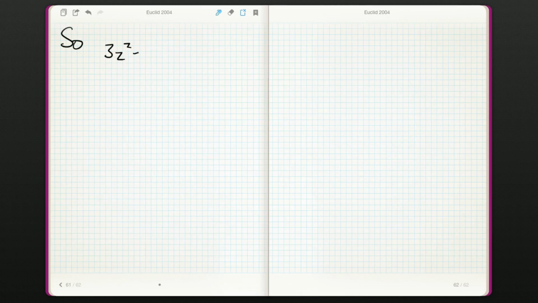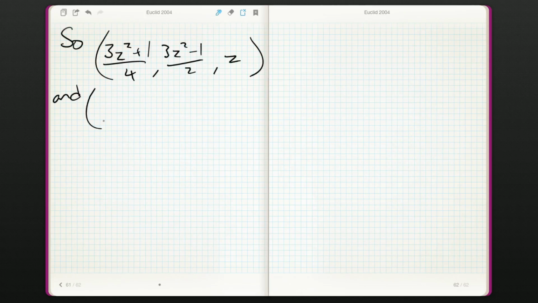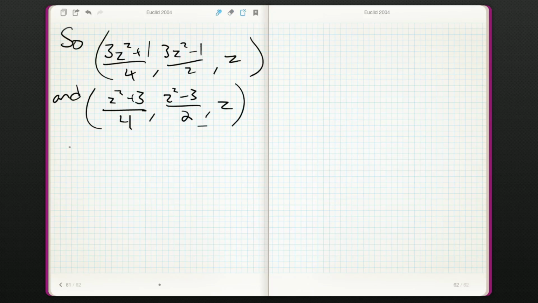So 3z squared plus 1 over 4, 3z squared minus 1 over 2z, and 3z squared, oh no, sorry, it's just z squared, plus 3 over 4, z squared minus 3 over 2z, are the only possible triples.